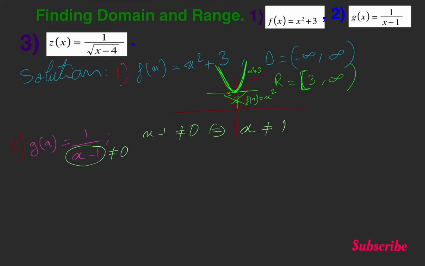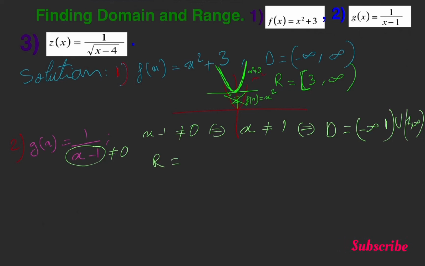So what is the domain? Therefore D is going to be from negative infinity to 1, united with 1 to infinity. This is the domain. Let's find the range.